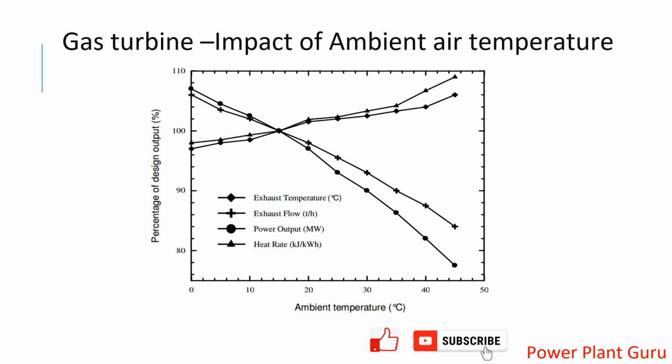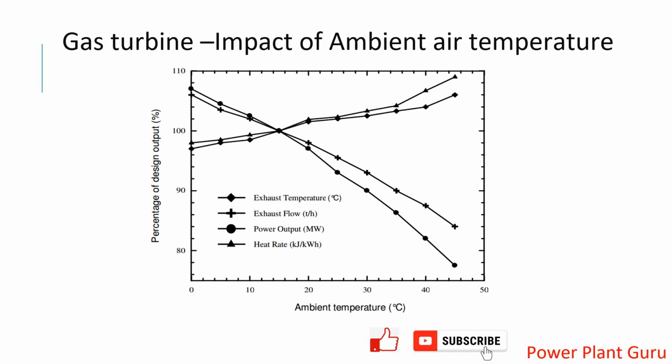Take a case where a turbine is at a location where the minimum and maximum temperatures have at least a 10 or 15 degree delta. During the afternoons, when you have maximum temperature at site, your turbine output will decrease. Not only the output, but your efficiency will also deteriorate and the heat rate will worsen.